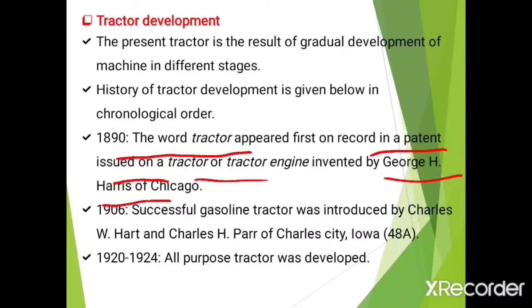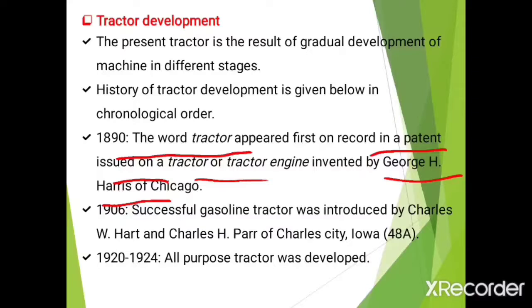Then in 1906, a successful gasoline tractor was introduced by Charles W. Hart and Charles H. Parr of Charles City, Iowa. After that, in 1920 to 1924, the all-purpose tractor was developed. Then in 1936 and 1937, the diesel engine was used in a tractor and pneumatic tires were introduced.